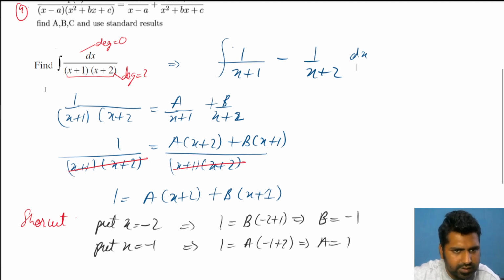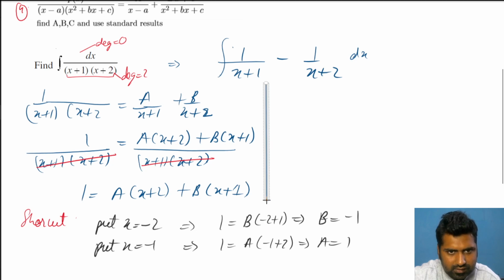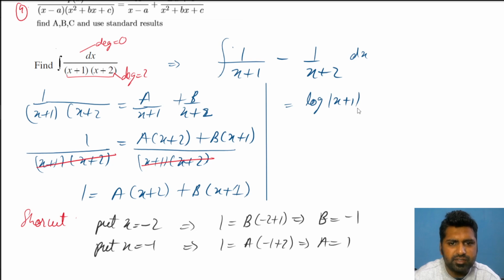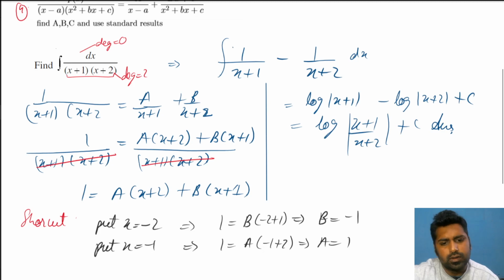It is equal to log mod of x plus 1, minus log mod of x plus 2, plus c, because the integration of 1 by x is log x, and so 1 by x plus 1 integrates to log mod of x plus 1. You can combine these two as log of x plus 1 upon x plus 2 plus c. Okay, that's the answer of this question.